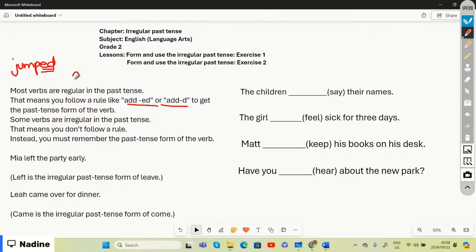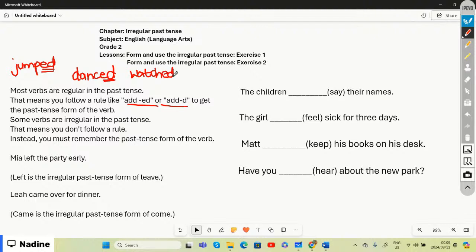Then we have the word dance. If our verb ends with an e, like dance, then to show the past tense form we just add a d. So now I dance, but in the past I danced. Watch. I watch a movie.